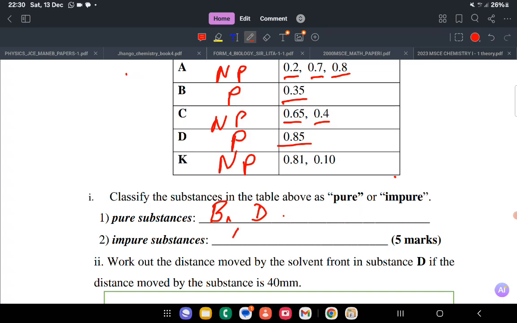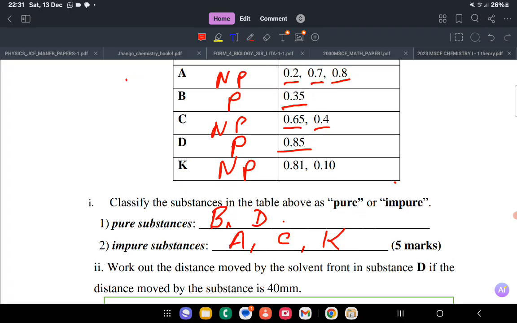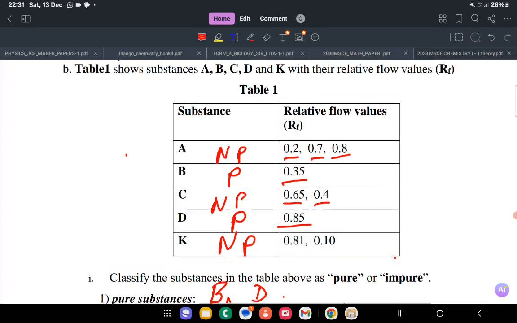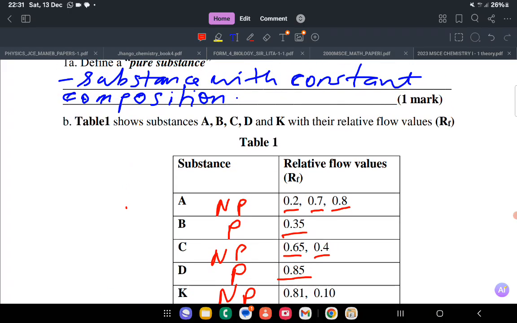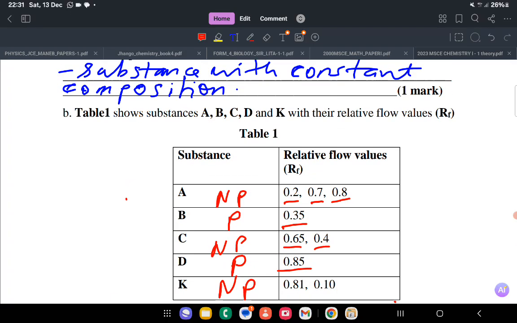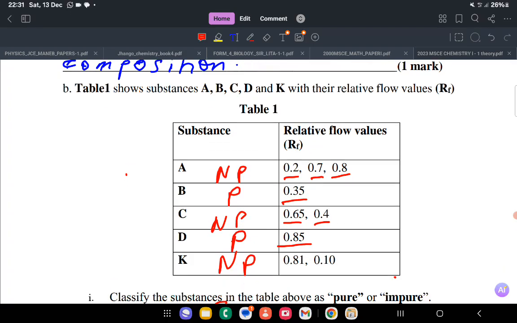In this case, we have A, C, and K. A, C, and K are not pure substances because they have more than one relative flow value. That's very important to note. All right, we can proceed.